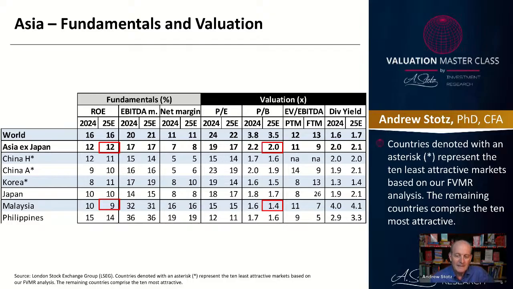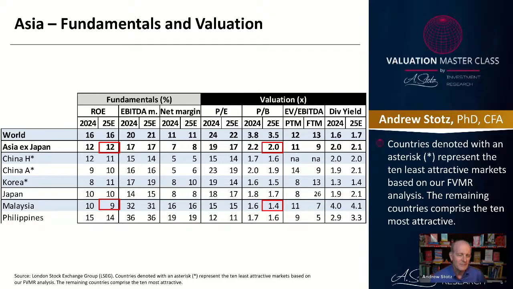But if we look at Malaysia and Japan and Philippines here, we can see these countries, in particular Malaysia, it's getting a low ROE of 9. But you're also paying a low 1.4 on a price to book basis, and you're getting a 4.1% yield on Malaysia. So Malaysia looks interesting. What about Philippines? Well, they have a higher ROE of 14%, and the net margin of Philippines is 19%, incredibly high.